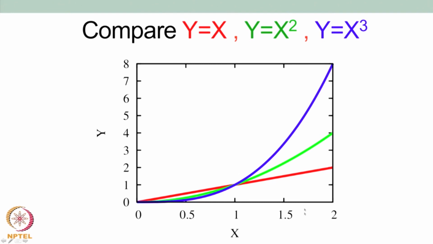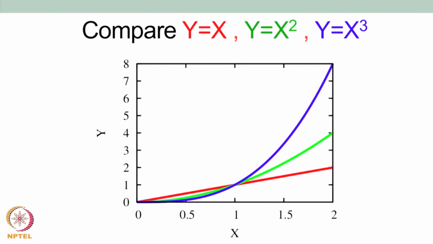So, for any x value larger than 1, the cubic curve will go above the quadratic curve or the linear curve. The shape of it is a curve like this, but it goes much above these values. But when x is less than 1, x cubed is much smaller than other quantities, which I hope you will appreciate.